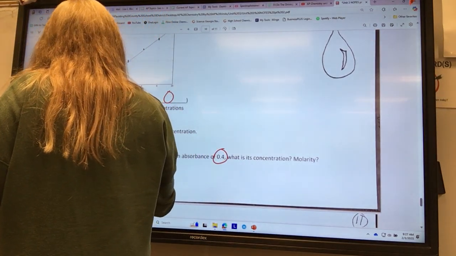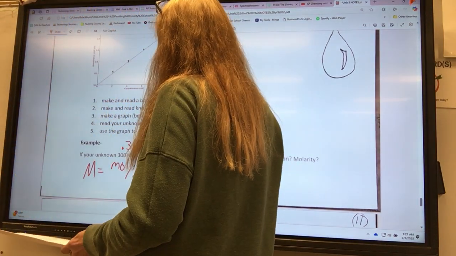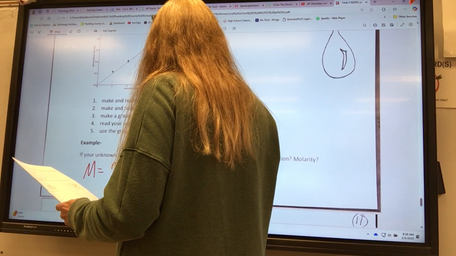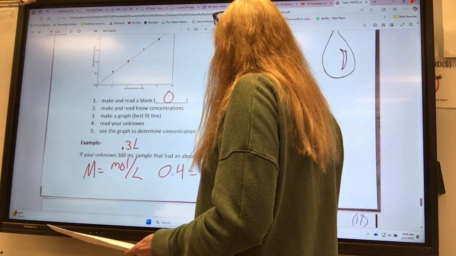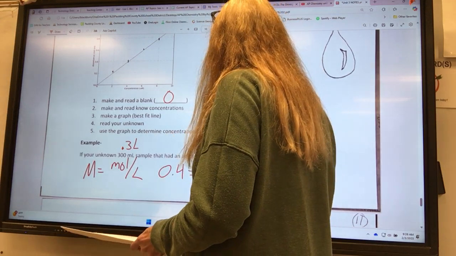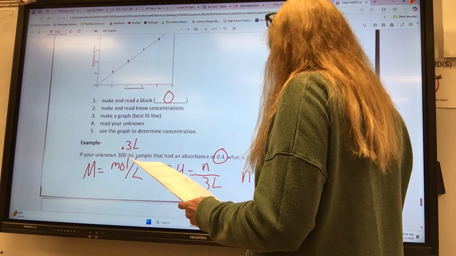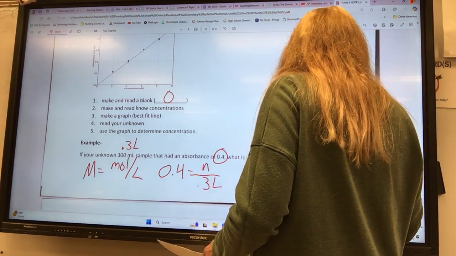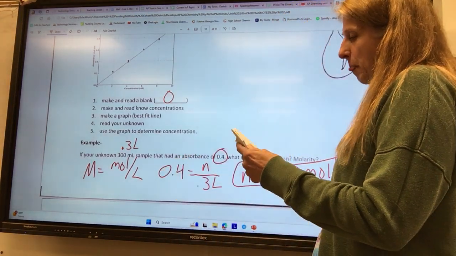Molarity equals moles per liter, okay? So our molarity is 0.4, and we want the number of moles, and our amount is 0.3 liters, so we just multiply them, and n equals 0.12 moles. n stands for number; it's what you use for number of moles.